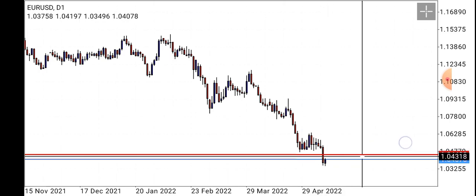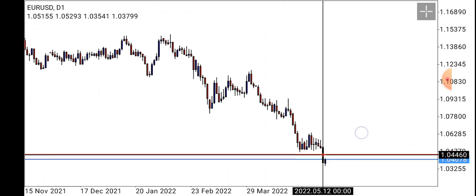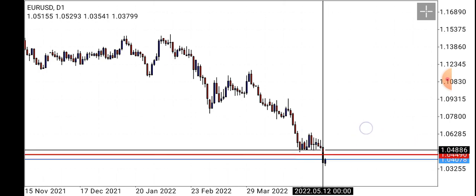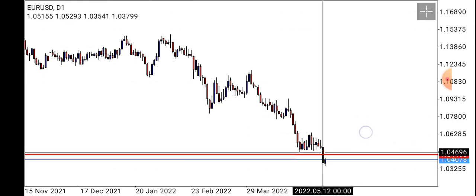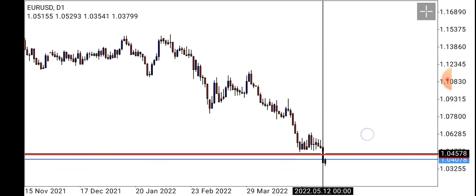You can see the weekly pivot is lying on the body of the daily candle, so that's the candle I would be using for my pivot point calculation. So I'm going to get the pivot by adding the high, low, close price of this candle.